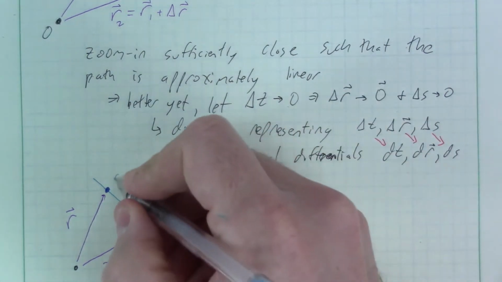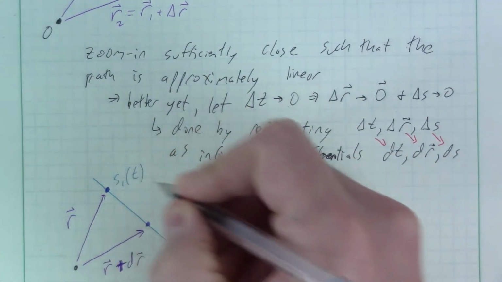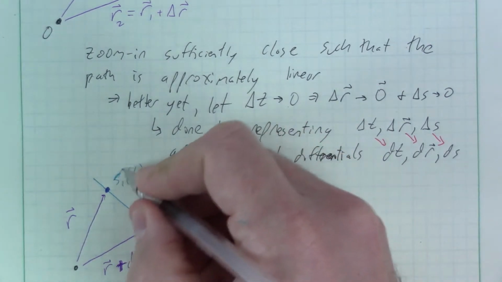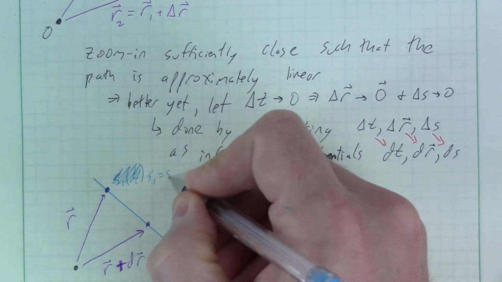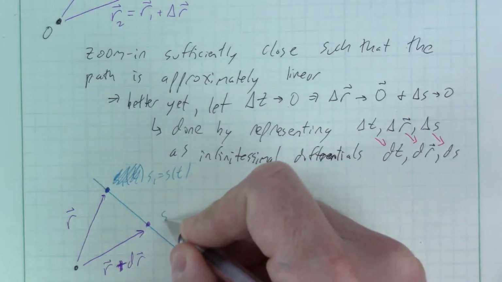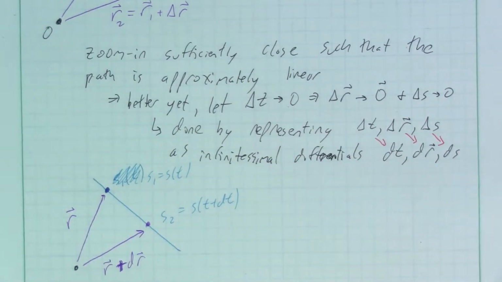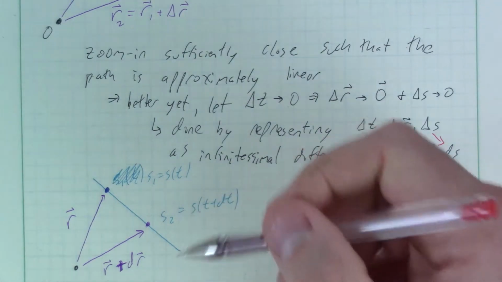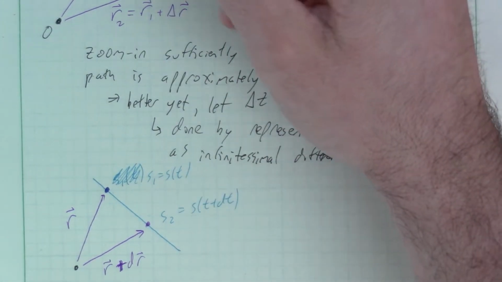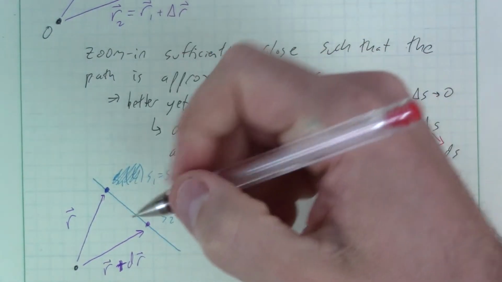So then this is S1 of t, S1 equals S of t, S2 equals S of t plus infinitesimally small dt, okay? It's always important to say what is the process in which we are driving the system toward a continuous change, right? And here the key is we've zoomed in far enough so that there's no more curvature, okay?